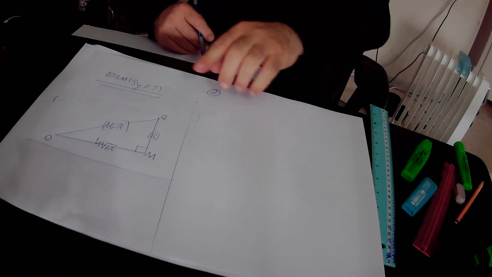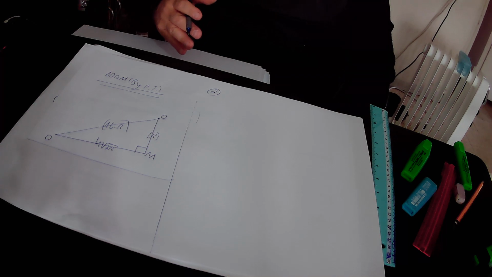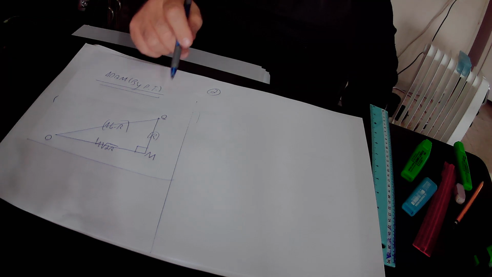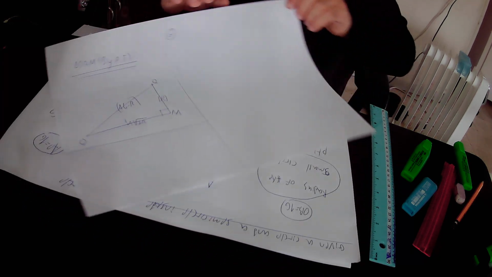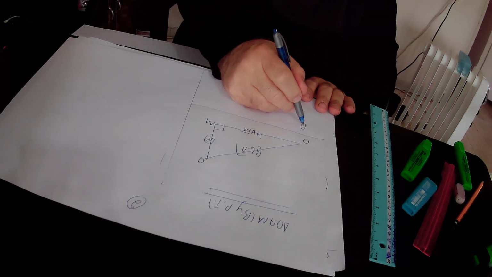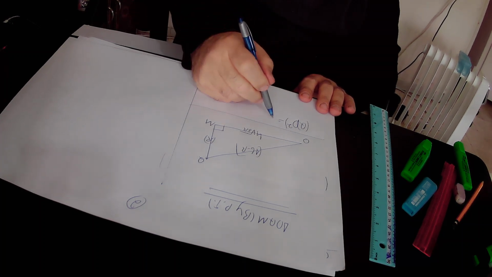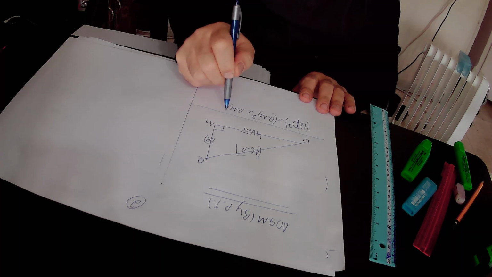So actually, this is the right blue triangle OQM that I copied from the original drawing. In this right triangle OQM, according to the Pythagoras theorem, QO square equals QM square plus MO square. So I write it down. QO square, the square of the hypotenuse, equals QM square plus OM square.